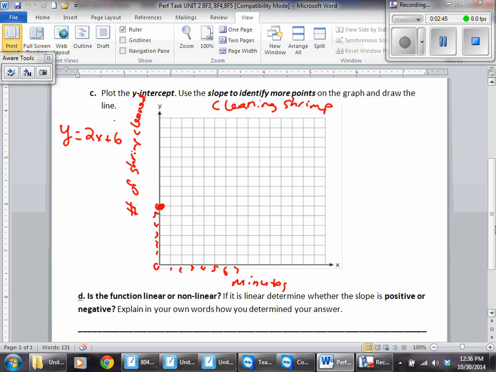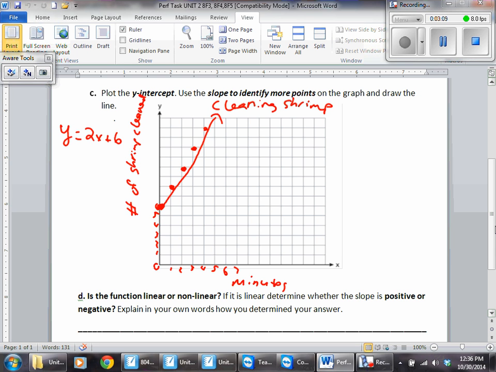And then each minute, so each 1 over on the x value, it goes up 2 shrimp. So I gotta go up 2, over 1, up 2, over 1, up 2, over 1, up 2, over 1. I need to connect to my line. Draw an arrow on the end of it. And that's it. If you count it by 2s, it will look slightly different, but that's also fine.